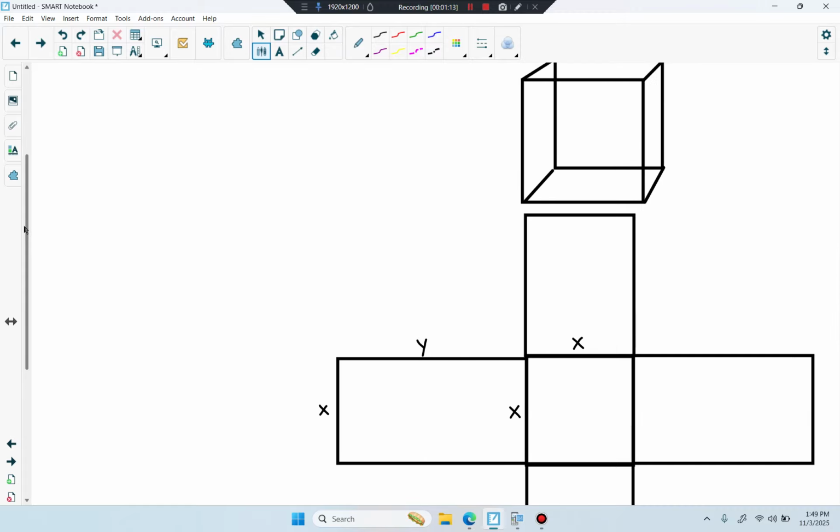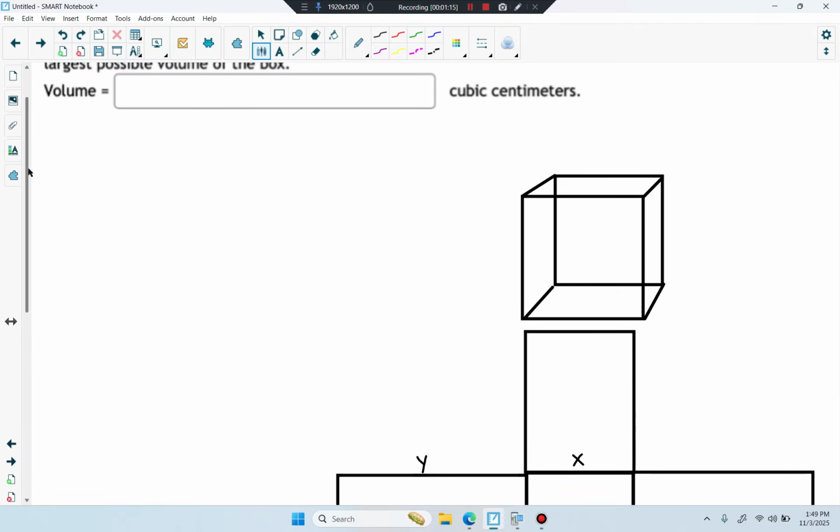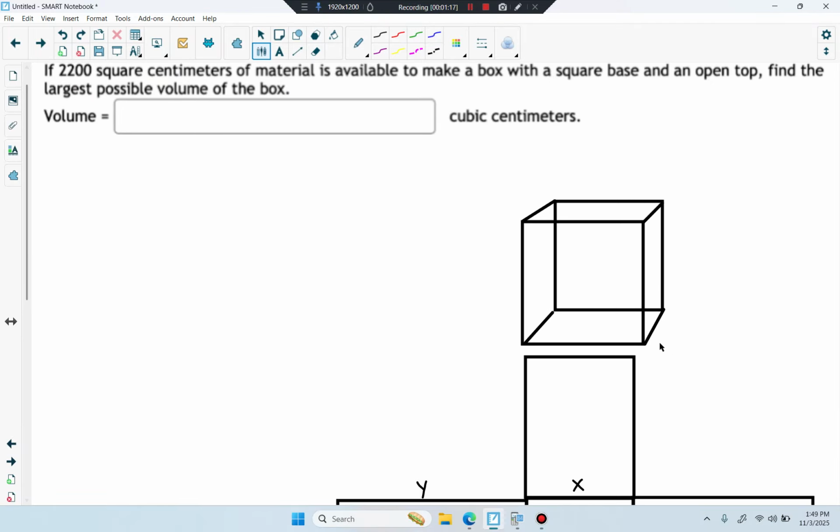Okay, so we're looking to maximize volume, which for this box would be length times width times height, which would be x times x times y. So volume is going to be x squared times y. But I need to figure out a value for y.